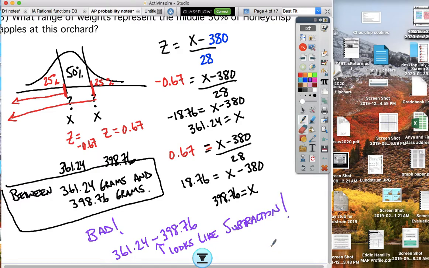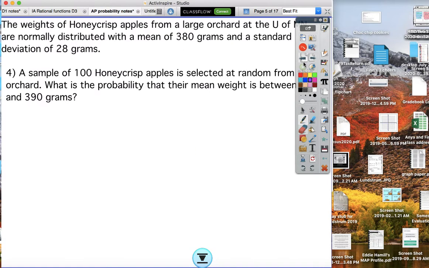And we are not subtracting these values. We're stating a range of values. So don't do this. Okay? Again, that looks like subtraction to anyone who is a mathematician. Okay? All right. Next problem.